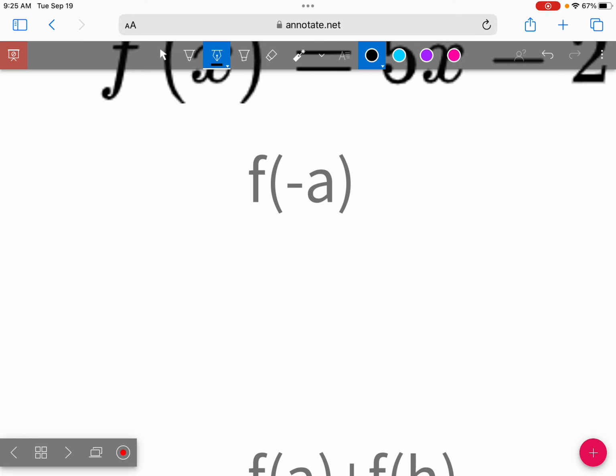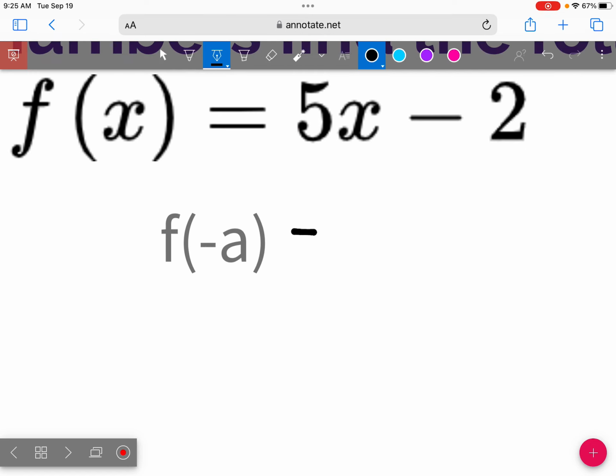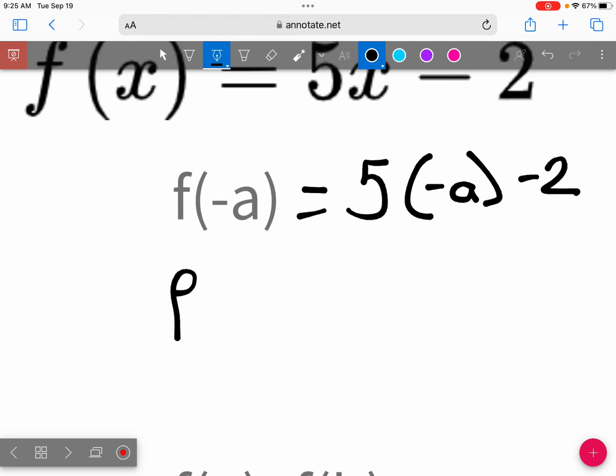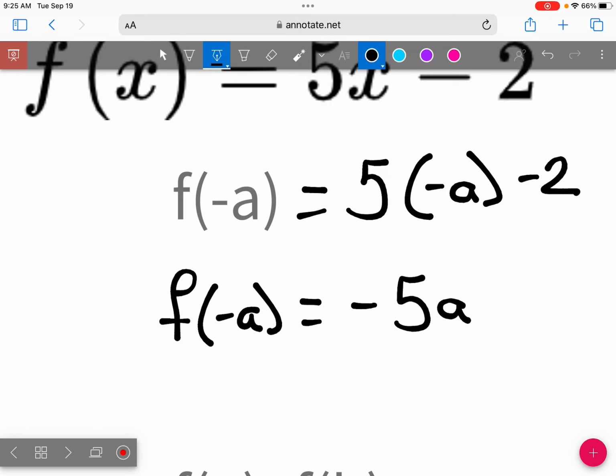Same thing with the minus a. It's the very same vibe. We're replacing x with the opposite of a. So f of minus a is 5 times minus a minus 2. Can we simplify that? Yeah. F of the opposite of a equals negative 5a minus 2.